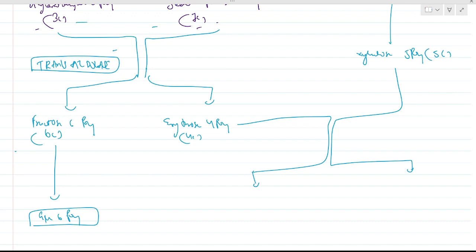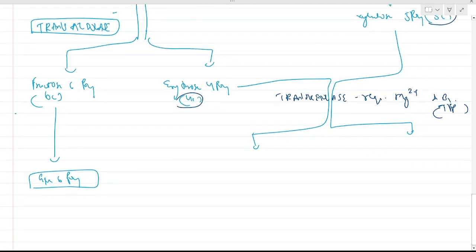And the enzyme again here is, remember, transketolase, and we know it requires magnesium and vitamin B1, which is thiamine pyrophosphate. Now this is 5-carbon, this is 4-carbon, so a total 9-carbon compounds will be produced.